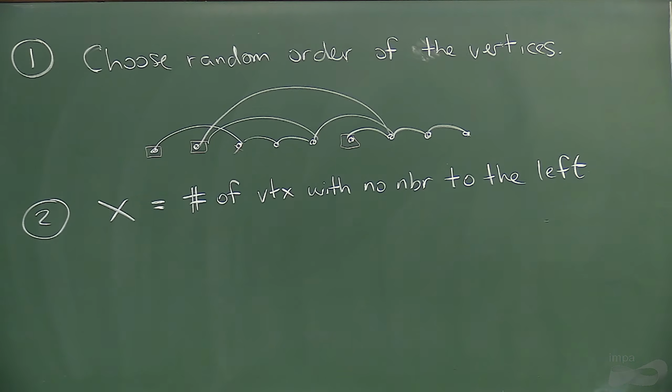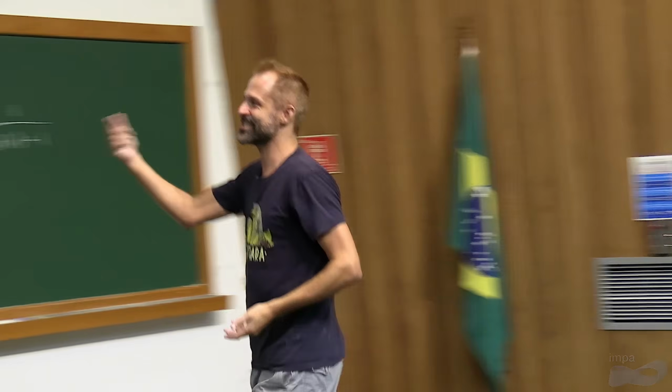So my idea is worse than yours, but why is it good enough? We need to prove two things. One, why is this an independent set? If I pick all the vertices with no neighbor to the left, then you can't have an edge inside that set, because the right-hand vertex would have a neighbor to the left. So this is an independent set.